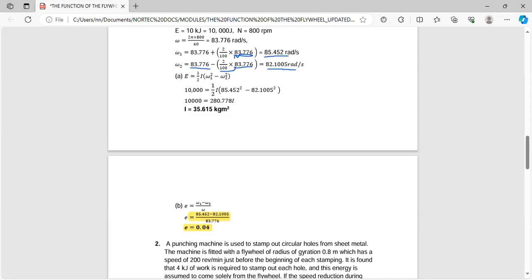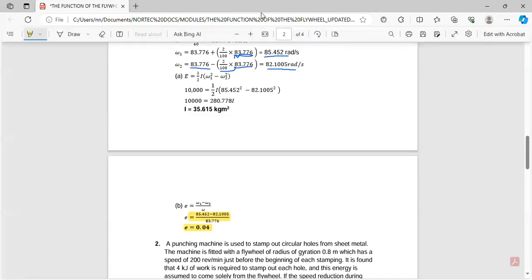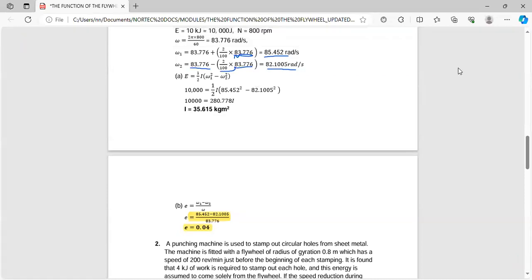It just remains like that because those units would just end up canceling themselves out. So from here, you've noticed we decided to calculate the speed fluctuation, and there we have our coefficient.